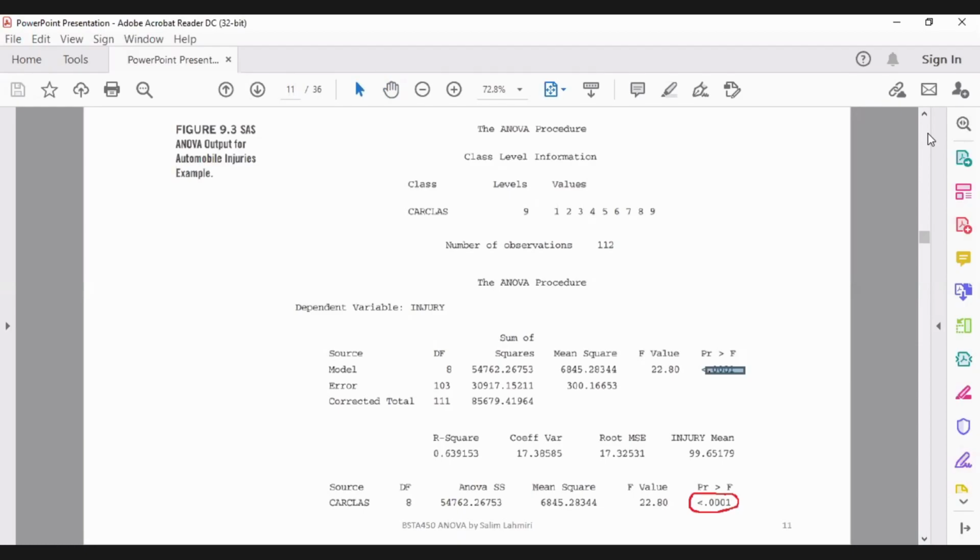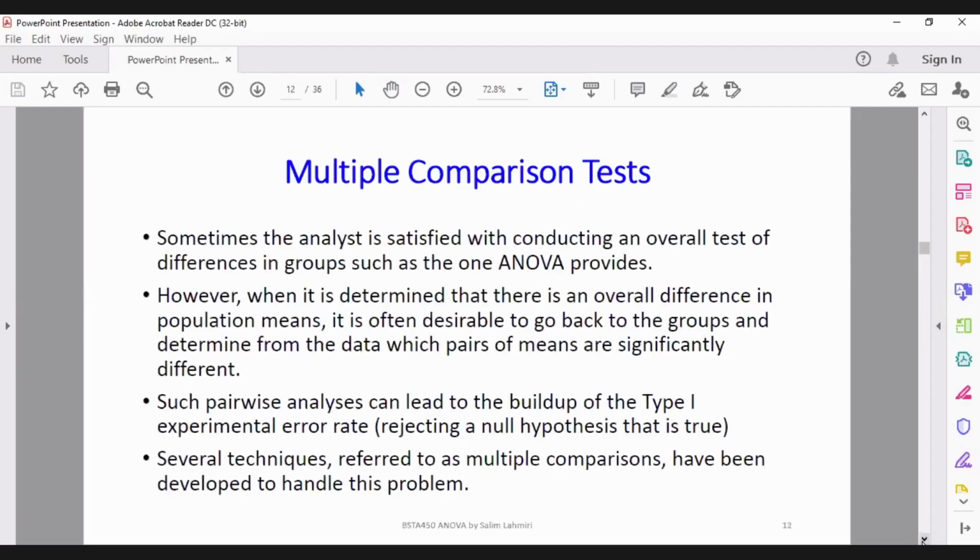So now imagine we need to perform several tests and we need to check all of them. Sometimes the analyst is satisfied with conducting an overall test of differences in groups, such as the one ANOVA provides. This is very important when you are facing different samples, different experiments, and you need to check differences across experiments.